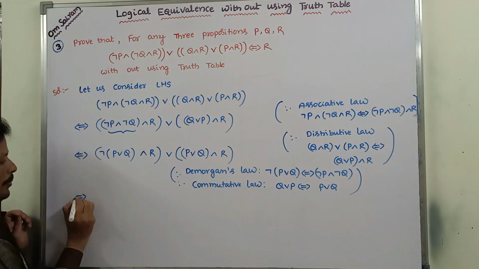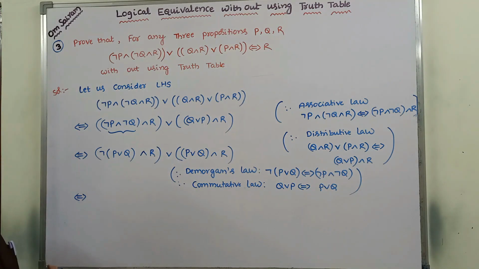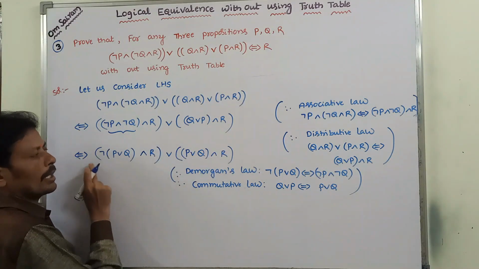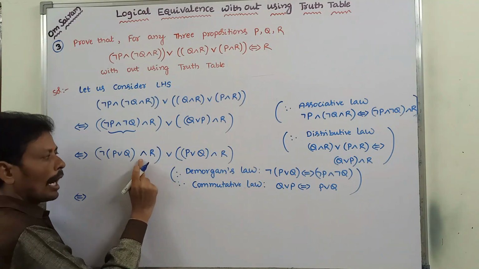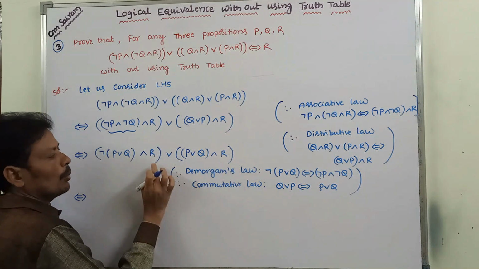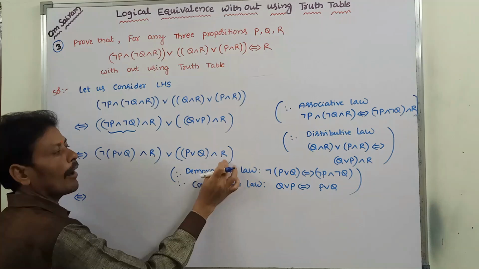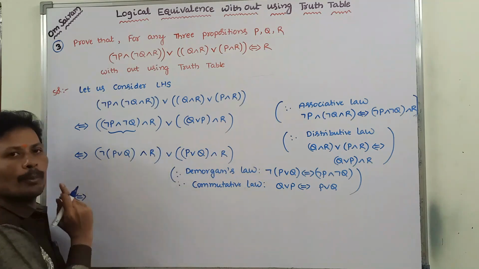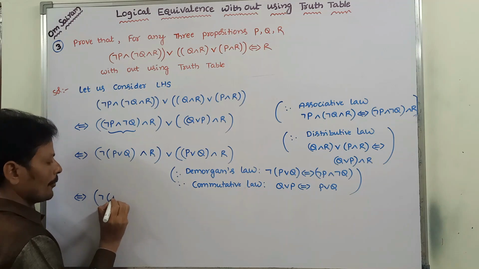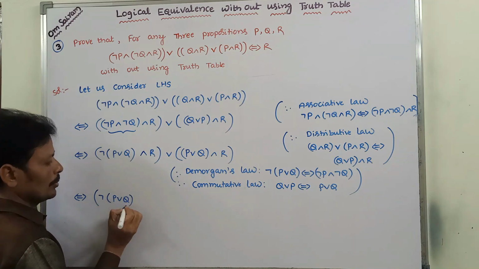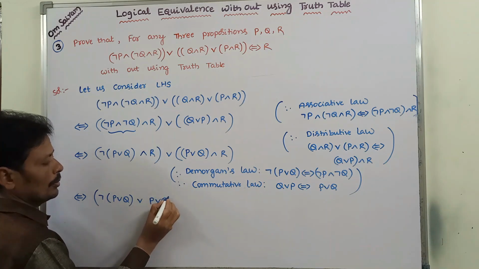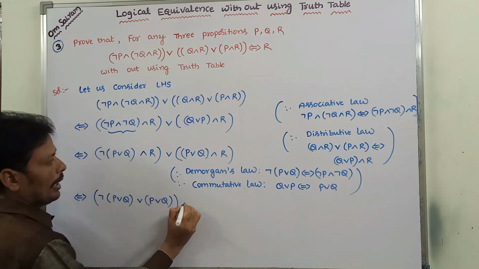Next one, by observing this entire compound statement, here and R is there, here and R is there. We have to separate and R from this entire component. So what is the remaining here? Negation of P or Q or P or Q, and R.